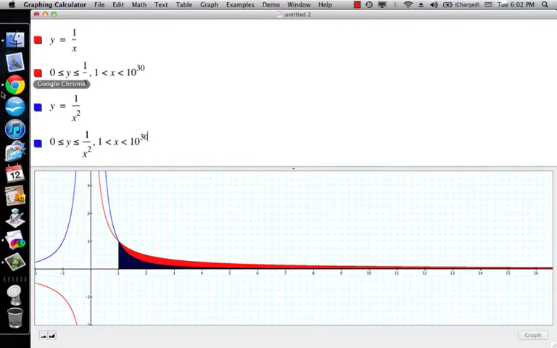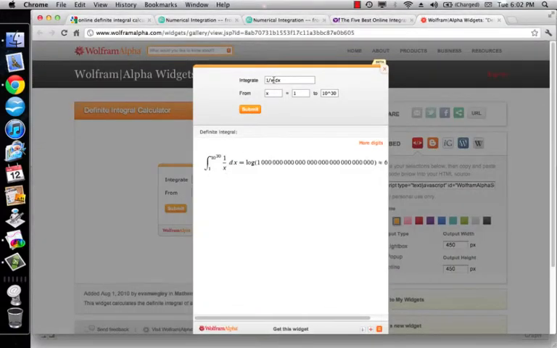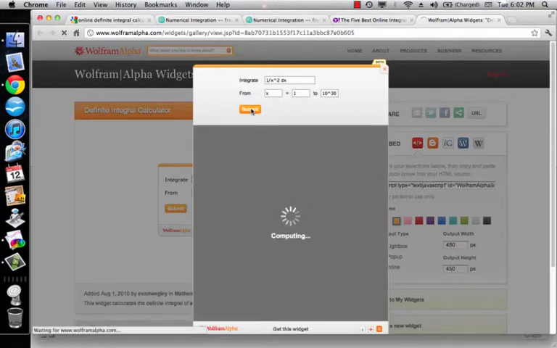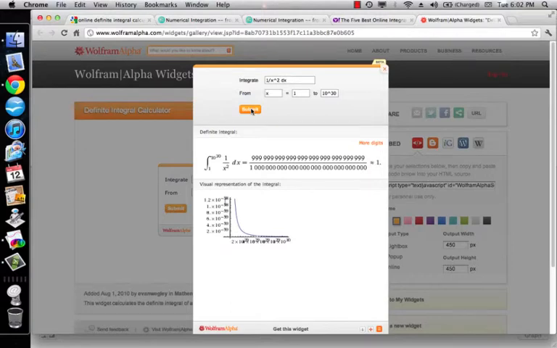So let's see what happens if I make this x squared. It's going to be approximately a whole bunch of 9s over one more. So it's a big number. This is going to be basically n, so it's n minus 1 over n, and that's approximately equal to 1.